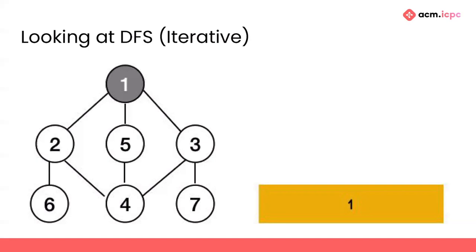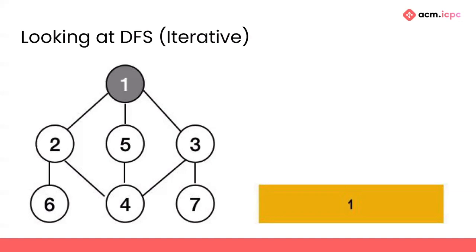Think of a queue for a movie: people who got in line first will get out first, and people who got in line last will get out last. And for a stack, you can think of it like a stack of books. You put a book on top, and usually when you remove it, you just remove the top book. So whatever was added most recently will be removed first.